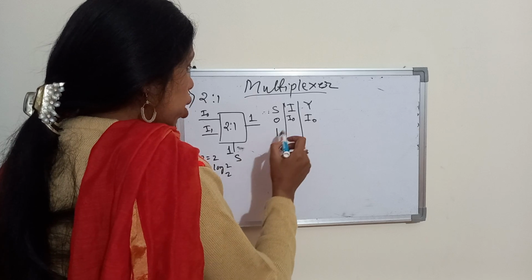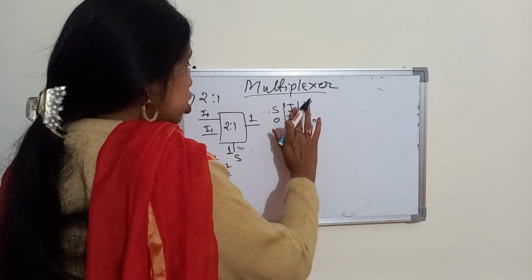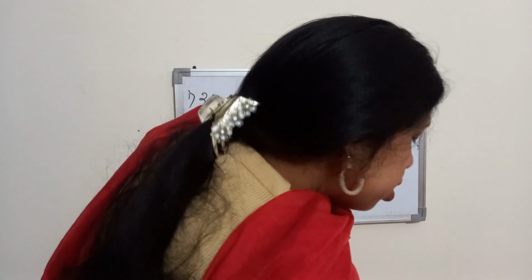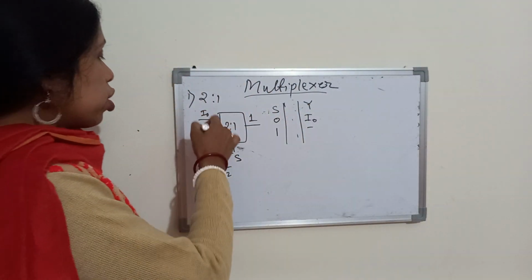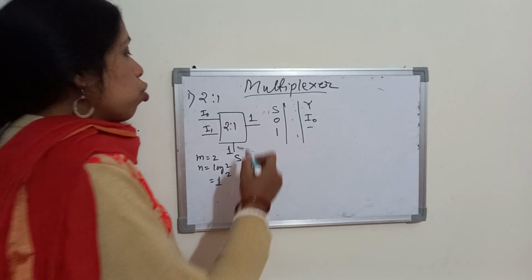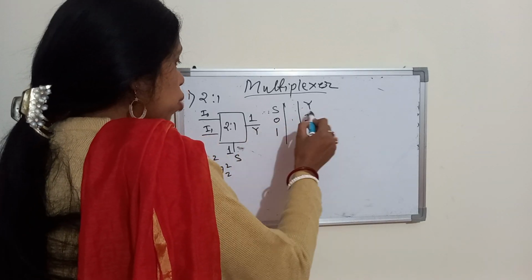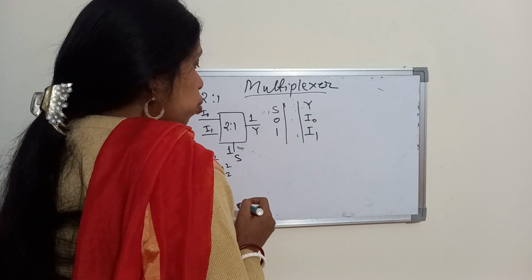If my S is 1, you can write only S and Y. You know that I0 and I1 are my inputs. When my S is 0, at Y you will get I0. When your S is 1, at Y you will get I1.